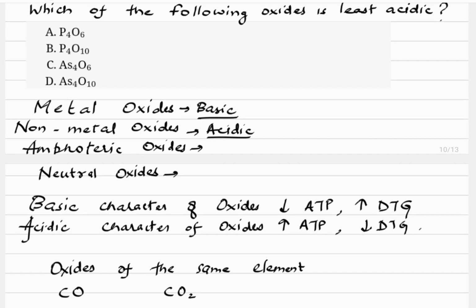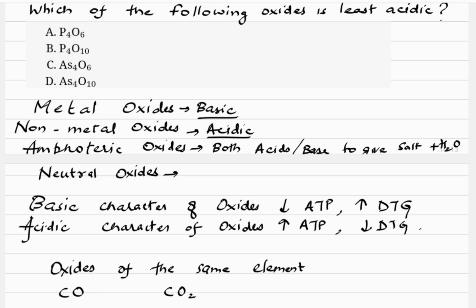Talking about amphoteric oxides. Amphoteric oxides are the ones which react with both acids and bases to give salt and water. Ampho means both. If an oxide reacts with both acids and bases to give salt and water, that would be called amphoteric oxide.